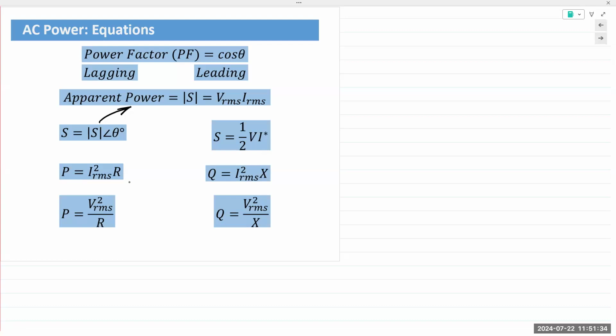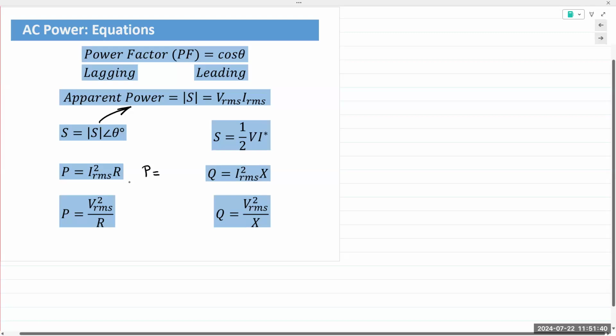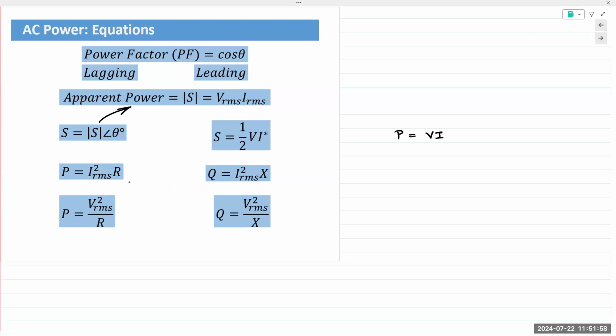If you look at these equations, they have a very similar structure to P is equal to I squared times R. So here, let me write it inside. Chapter 1, power is the product of voltage and current, V times I. So we have the equation for S, which is V times I asterisk.